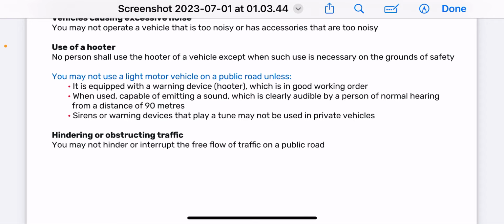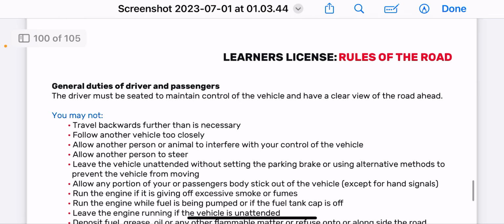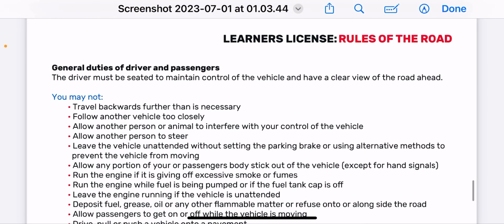And then the last point here is you may not hinder or interrupt the free flow of traffic on a public road. And then the general duties of driver and passengers.